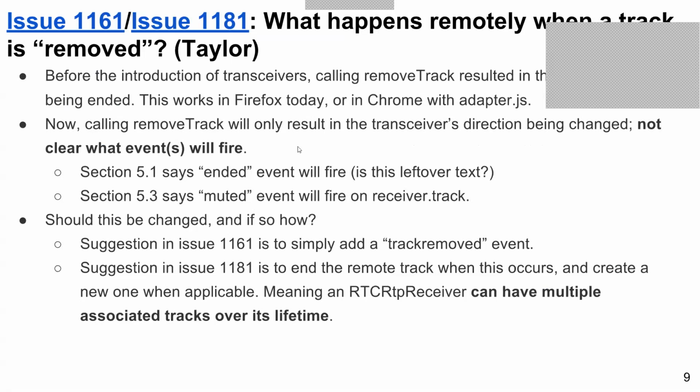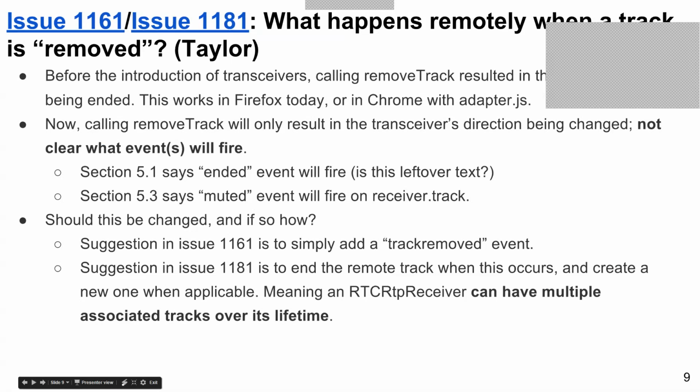To get the notes right, Peter, was the proposal that the track would come and go as a result of changing the direction, or as a result of add and remove track, or both? Well, it has to be both because the remote side can't tell the difference. That matches my understanding. Right. Well, never mind.